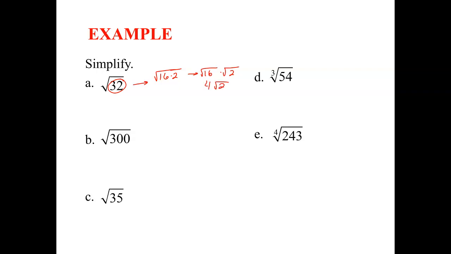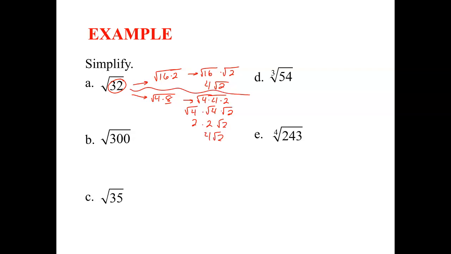Okay? If you can't find the biggest one, and you say, okay, I want to know factors, so let me start with that. So I've got the square root of 4 times 8. And then you look at 8 and say, oh, well, 8 also has a perfect square factor. So I can write it as the square root of 4 times 2. You can either combine those into 16, and you end up here, or you can take each of those roots individually and multiply them together at the end.